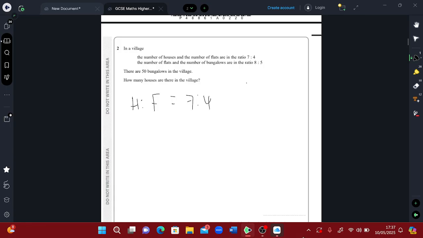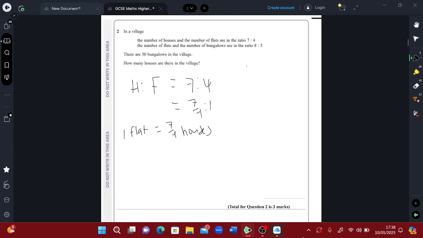So this is the same ratio as 7 over 4 to 1. Which is telling us, oh, that's a really rubbish one. For every flat, there are 7 over 4 houses. So one flat, which doesn't look the nicest, but that's fine.